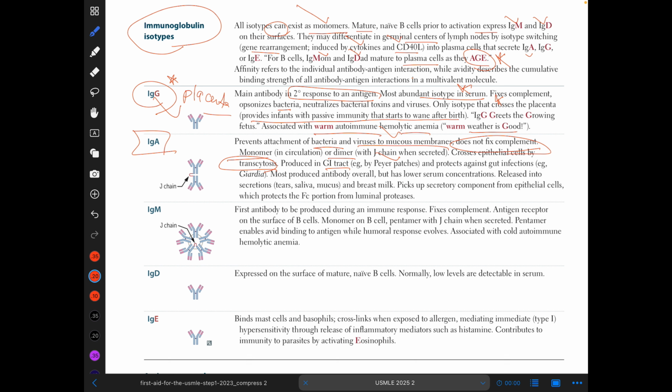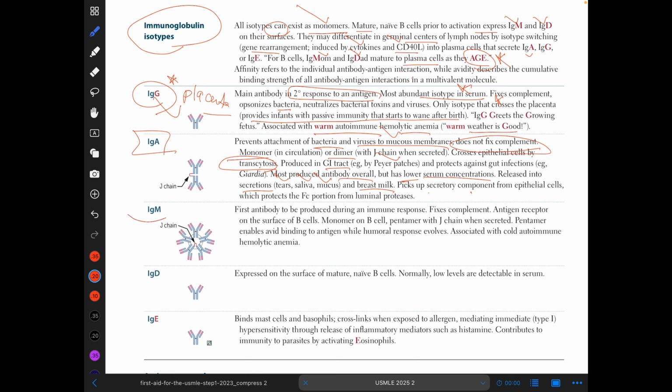It's the most produced antibody overall, but has a low serum concentration, and is released into secretions like tears, saliva, mucus, and milk. It picks up secretory component from epithelial cells, which protects the Fc region from luminal proteases.